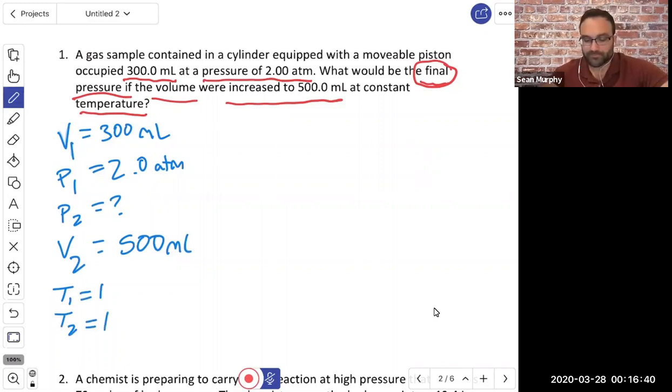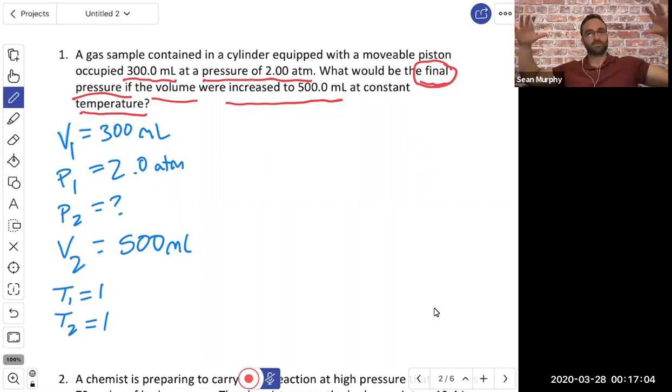But think about it. We have gas particles bouncing around. We have 2 atmospheres of pressure, which is more than that of sea level. And our volume increased. What happens when you make the perimeter of the playground a little bit bigger?